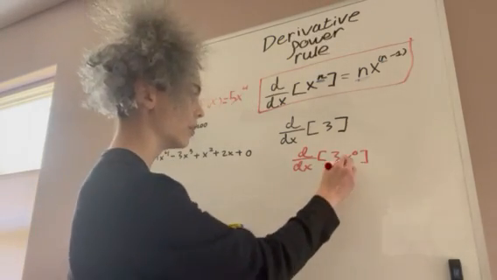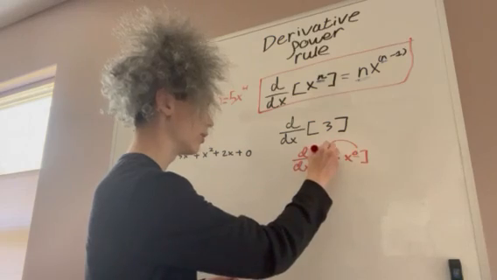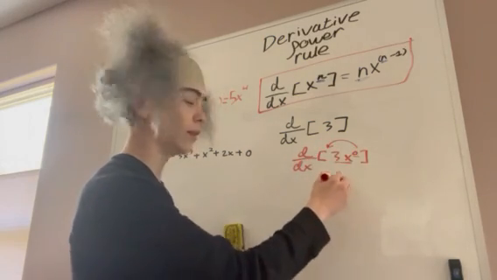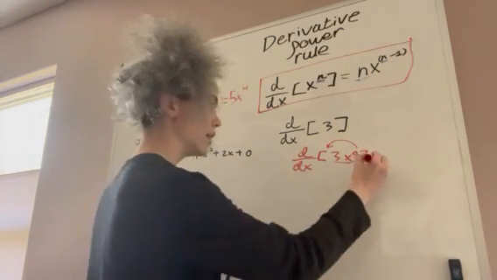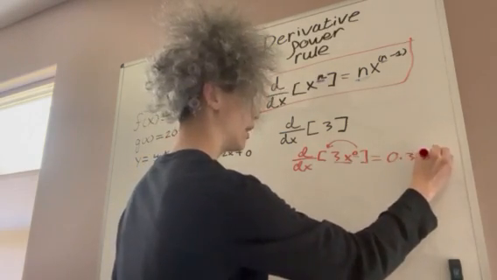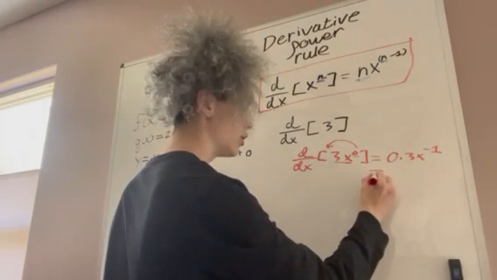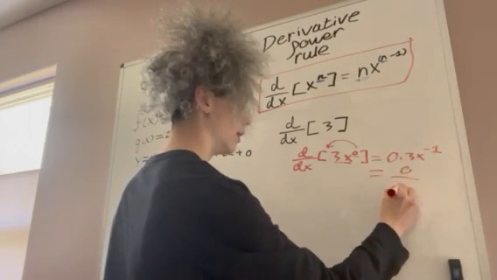So what you're doing is you're taking this power of 0, you're bumping it out in front of 3x, and then you're subtracting 1 from the power. And so you get 0 times 3x, and then to the negative first power. Which, if you want to do some exponent manipulation there, that'd be 0 over x to the first power.